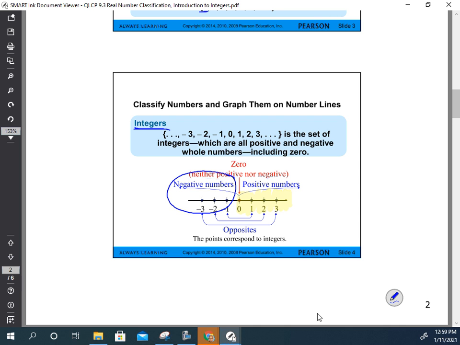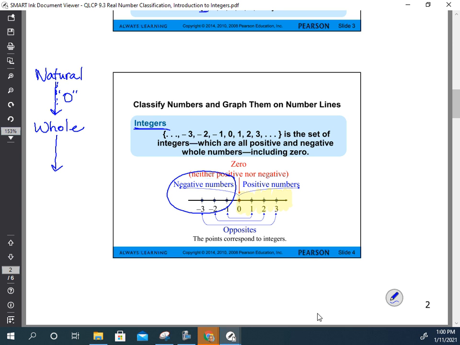So natural numbers are what you started with when you were a baby. Once you bring 0 into it, then you have your whole numbers.